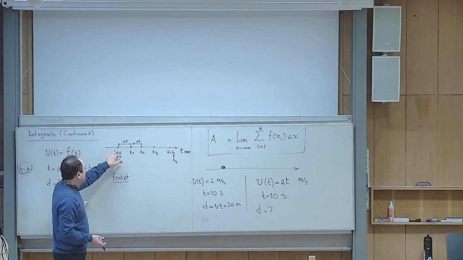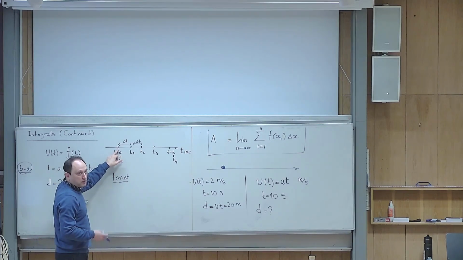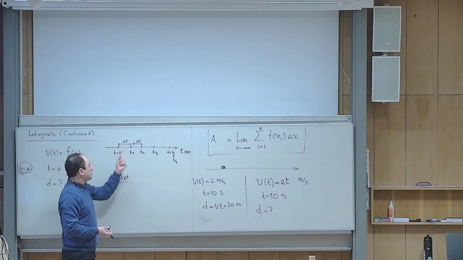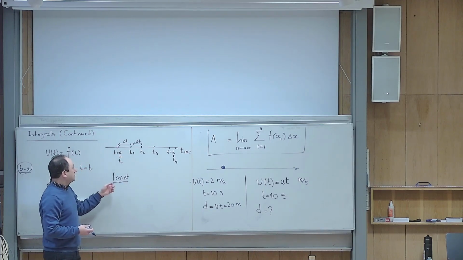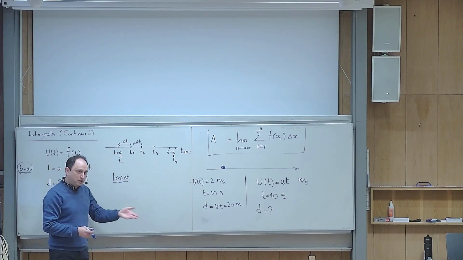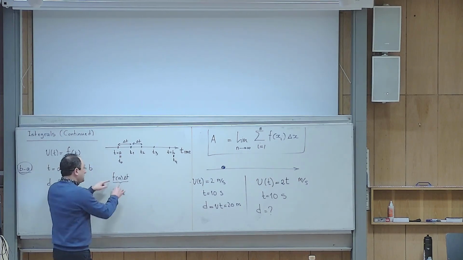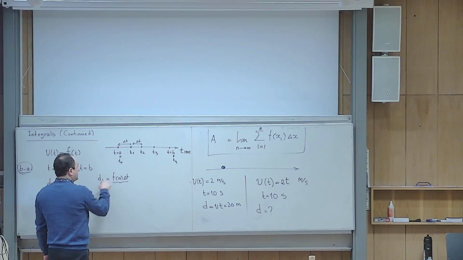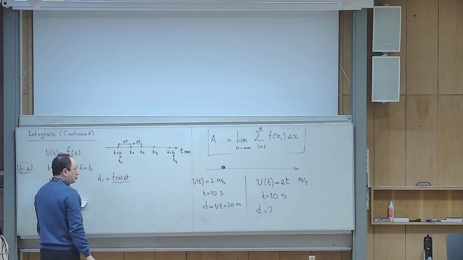Because the particle does not have enough time to change speed dramatically. Is that clear? So if I make the time interval shorter and shorter, I will not give that much chance to my particle to be able to change the speed. So this quantity is the first distance traveled on the first interval.